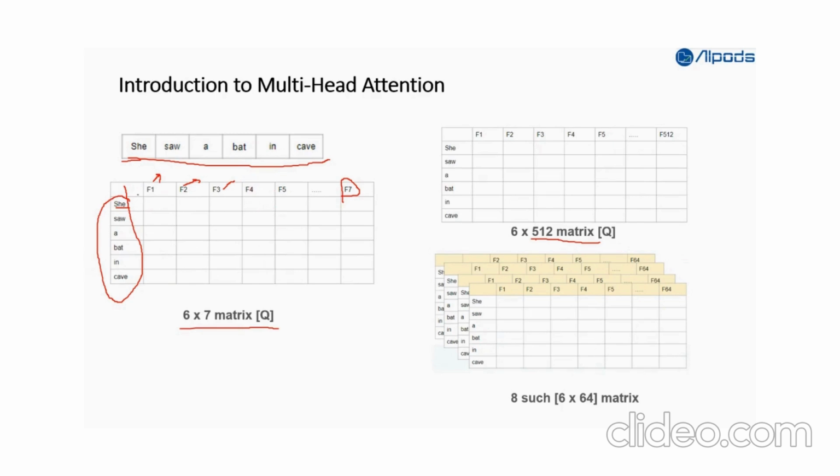This entire concept of getting the words or tokens mapped to these features is the concept of embedding, and it's one of the very critical concepts in the world of large language models. I will cover it in one of my upcoming videos.